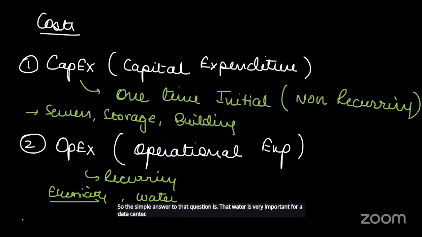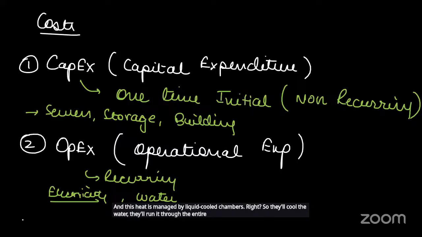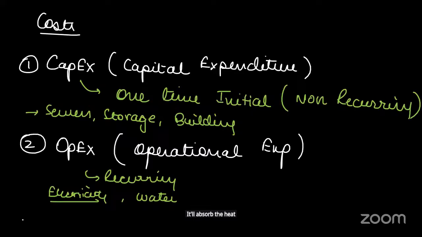All right, because these data centers generate huge amounts of heat, and this heat is managed by liquid cooled chambers, right? So they'll cool the water, they'll run it through the entire data center around these servers, it will absorb the heat, and then it will flow out, dissipating the heat, right? So they use these liquid coolants. So water bill will also be there.